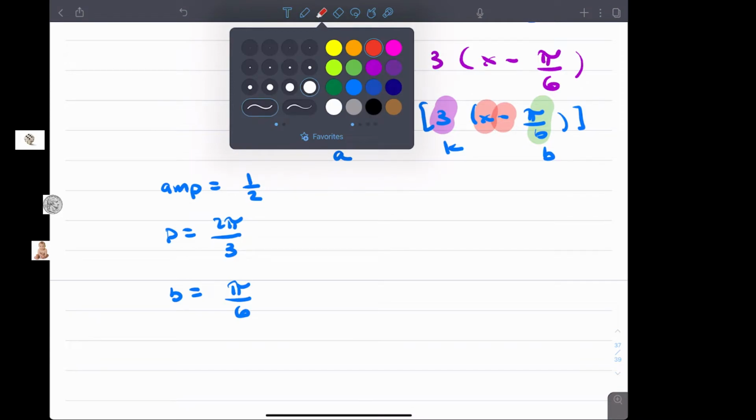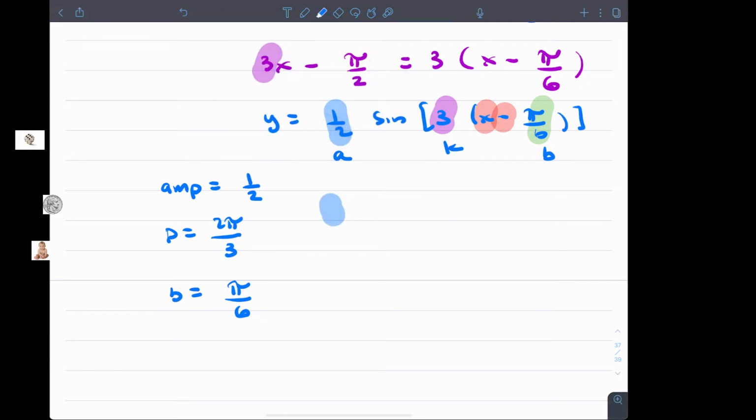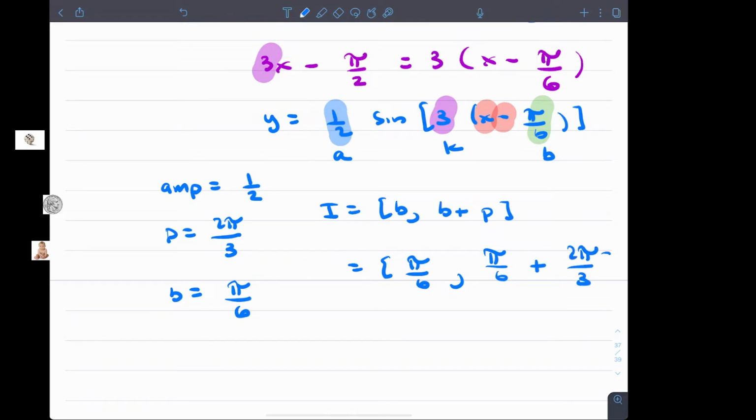Okay, so ladies and gentlemen, we now need the interval of what? Of one cycle. Now remember the definition here. You start at B, you end at B plus what? P. Pi over 6 plus 2 pi over 3.